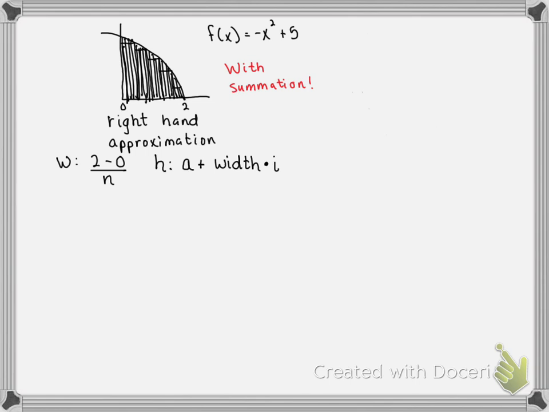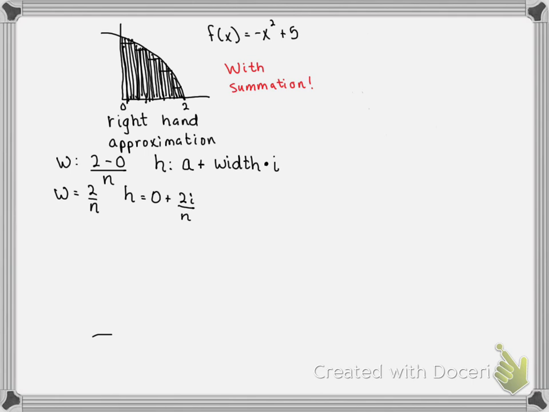Okay, so in this case, our width is 2 over n, and our height is 0 plus 2i over n. So we took the width of 2 over n and just multiplied it by i. That height there is what replaces x in our formula.